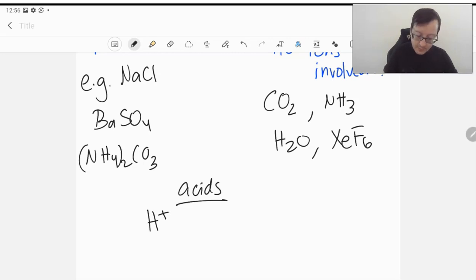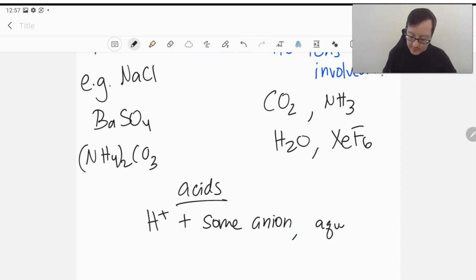And these are made of H+, a hydrogen ion, and some anion, whether that anion is polyatomic or monoatomic. And lastly, they're also going to be in the aqueous state, which means that for them to behave as acids, as we will define them right now, they're dissolved in water.